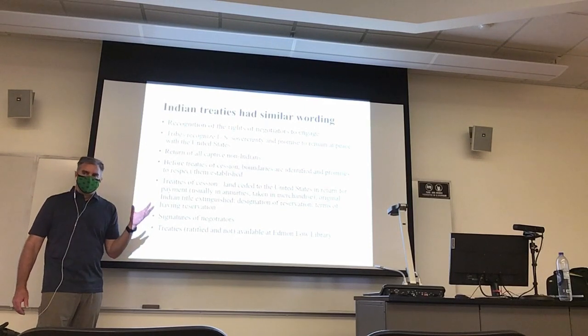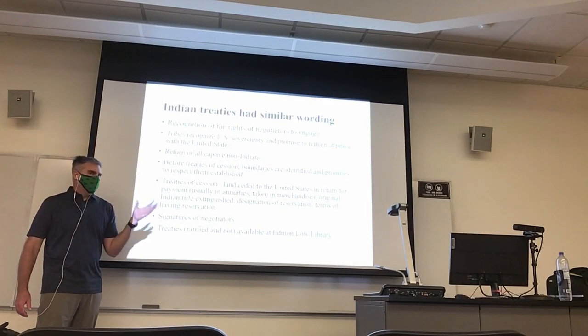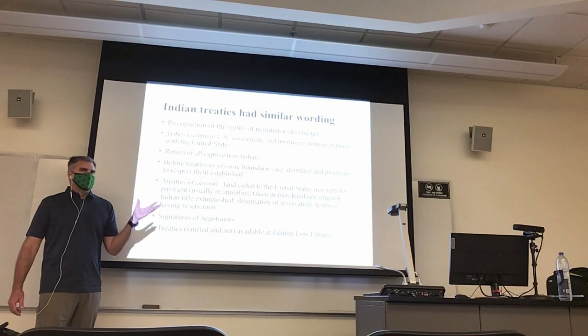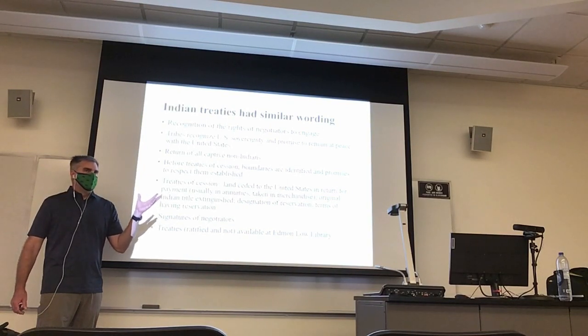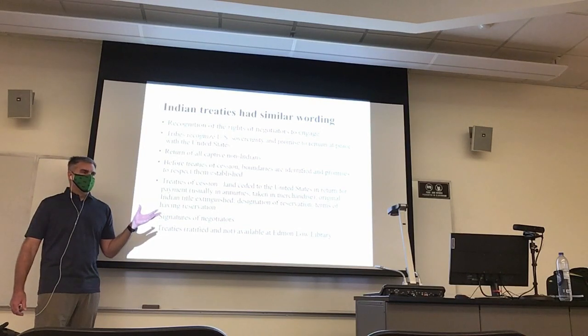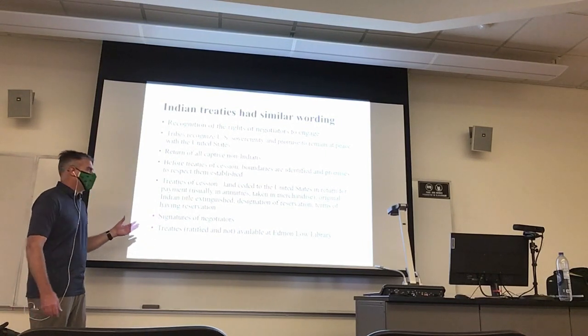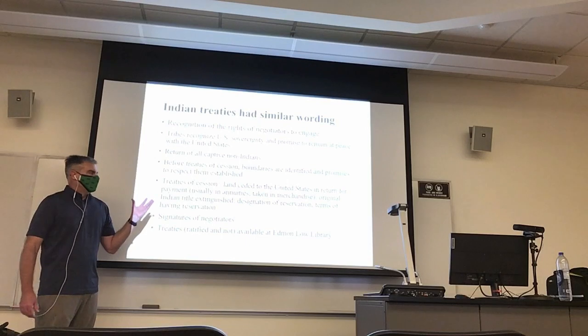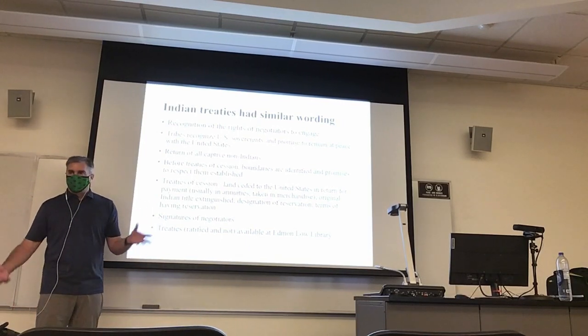In the future, whensoever the tribe decides that it would like to take individual parcels from this reservation, all they need to do is let the agent know, or let the Department of the Interior know, or let the Secretary of the Interior know. And the United States will do its very best to divide the reservation up into individual parcels.